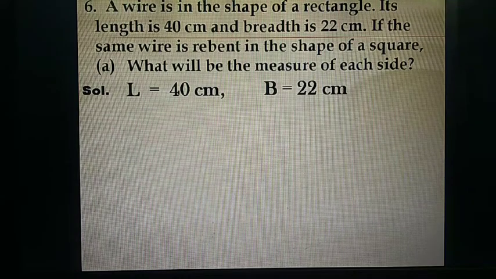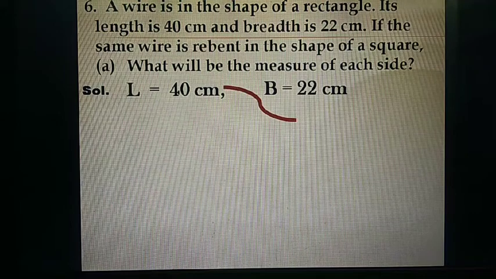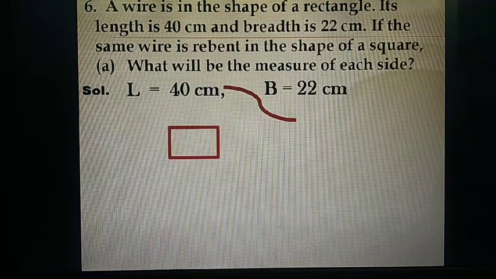Now, as per the condition, there is one wire. Using this wire, first we will form a rectangle. So this wire is forming the boundary of the rectangle, which means perimeter. So the total perimeter of this rectangle is the length of the wire.